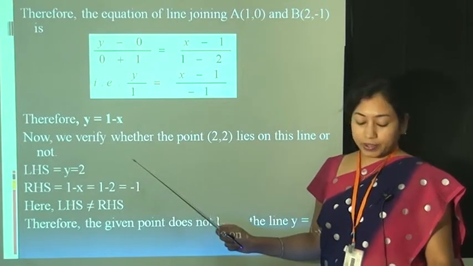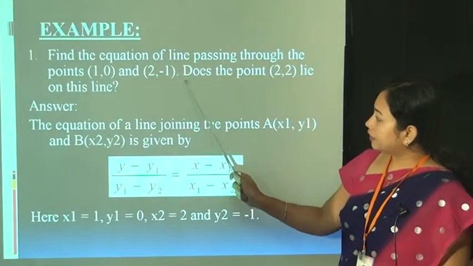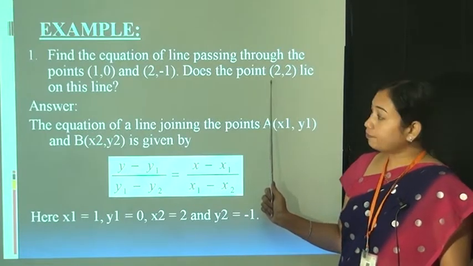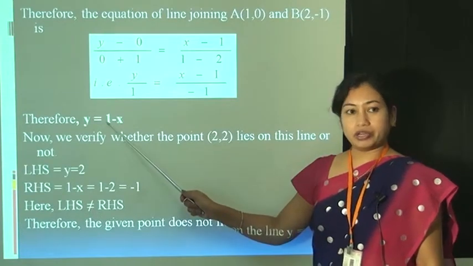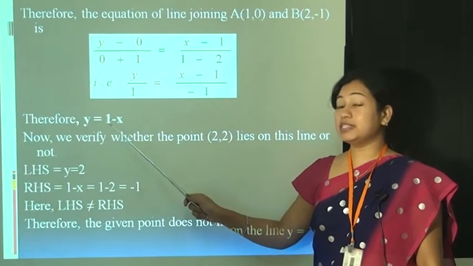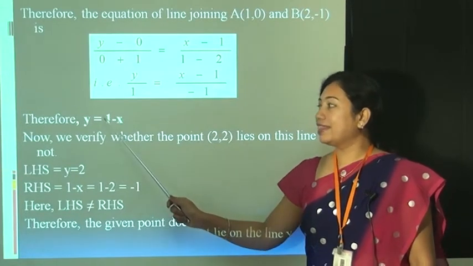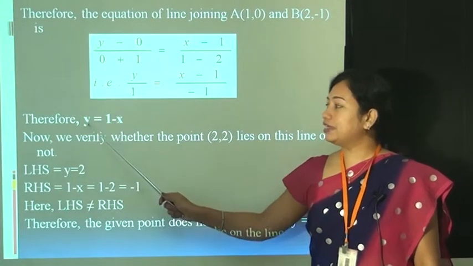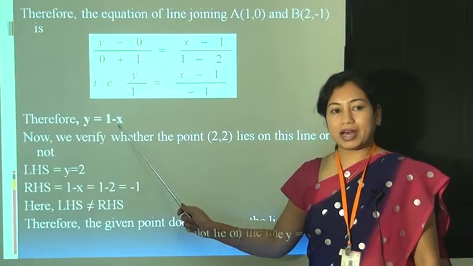Now another question is, next we have to check whether this point lies on this line or not. If this point lies on this line, then it must satisfy this equation. That means LHS becomes equal to RHS.